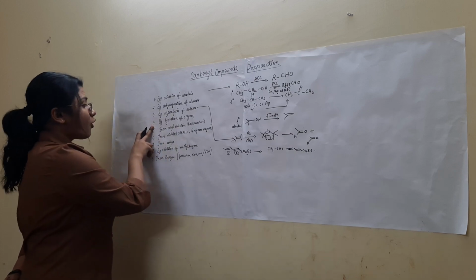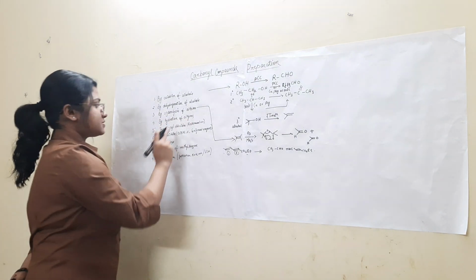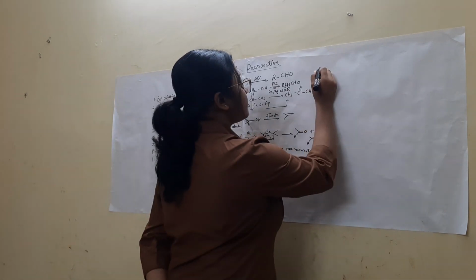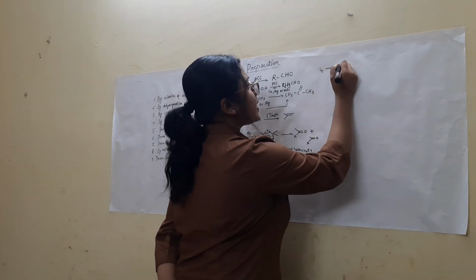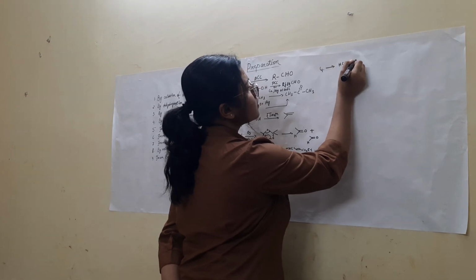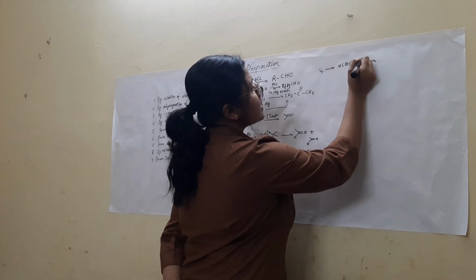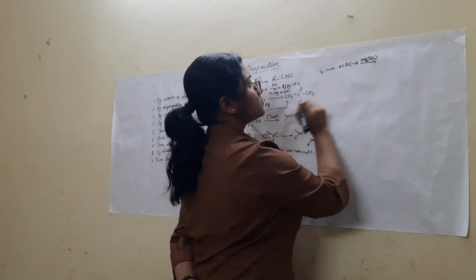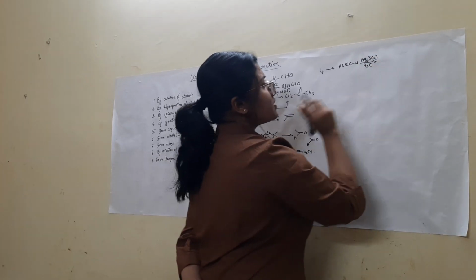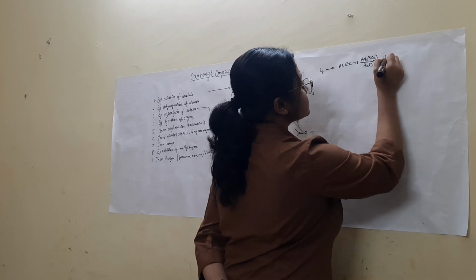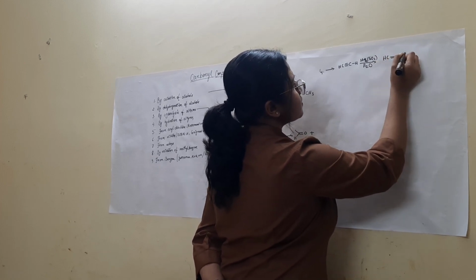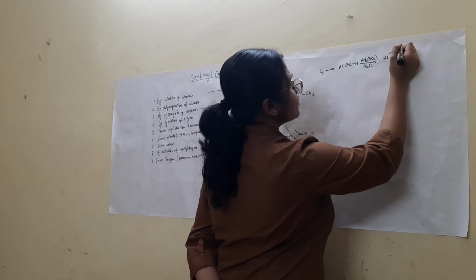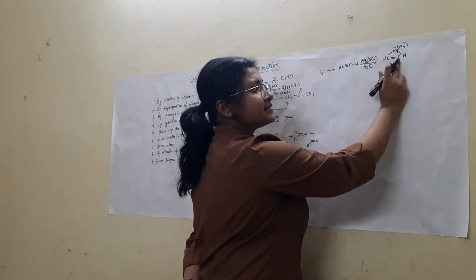Now for hydration of alkynes. I'm writing it here. So alkynes, the reagent used is this. So first an intermediate is formed, this is an intermediate.